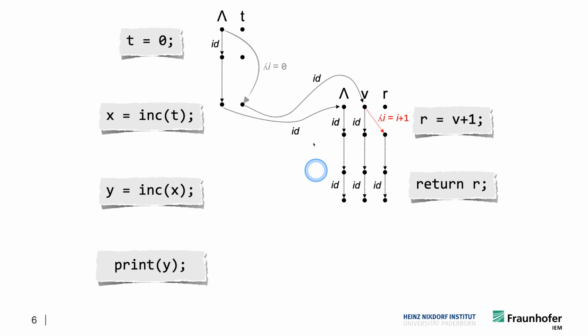And if you remember, I showed you this example here, for instance, right, where we have several calls to an increment function. And the important point about IDE was that you can now annotate this edge here in particular that actually increments the value with the increment function itself, so that we don't have to store extensional summaries that basically tell you, okay, if you give me a 0, I give you a 1.